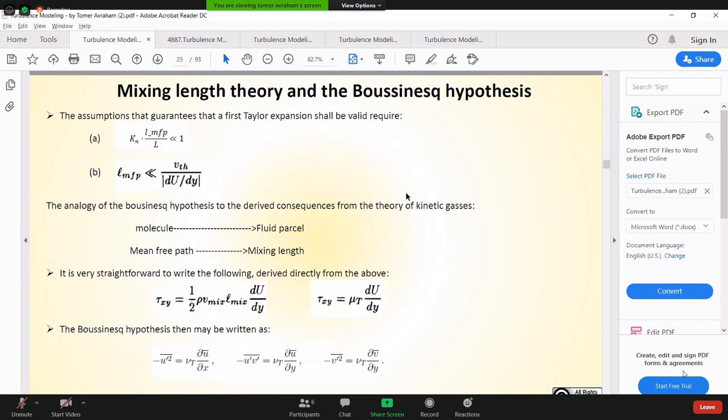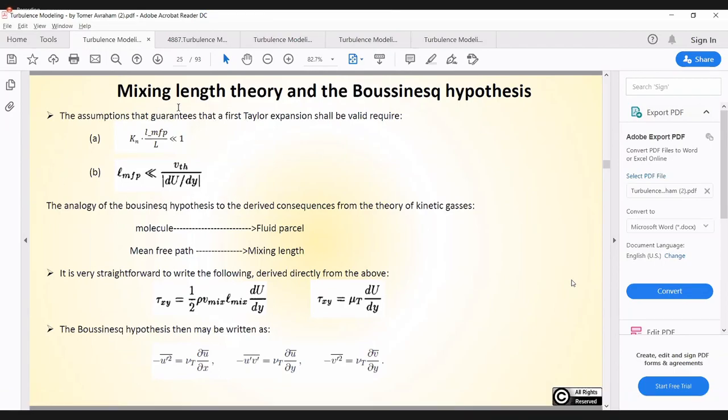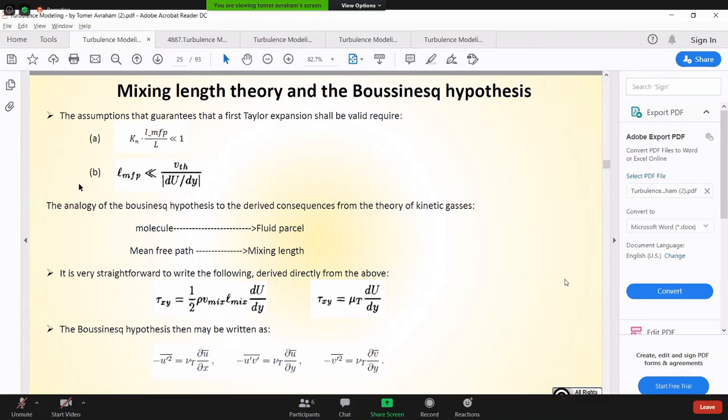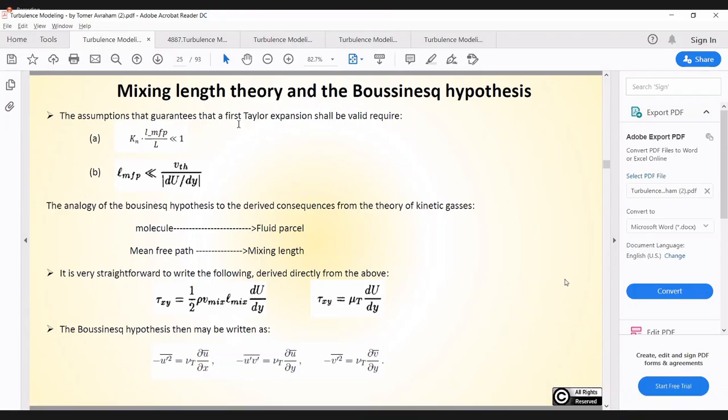Here you see the full derivation. You can have this if you want. And here you see the laws that someone asked me about the first time. What do I need to do to ensure that I'm at the right continuum level? There is a number called the Knudsen number. Its relation with the mesh and the mean free path should be like you see here.